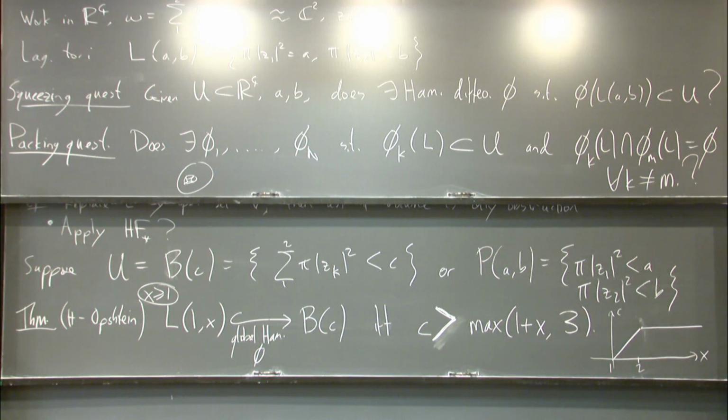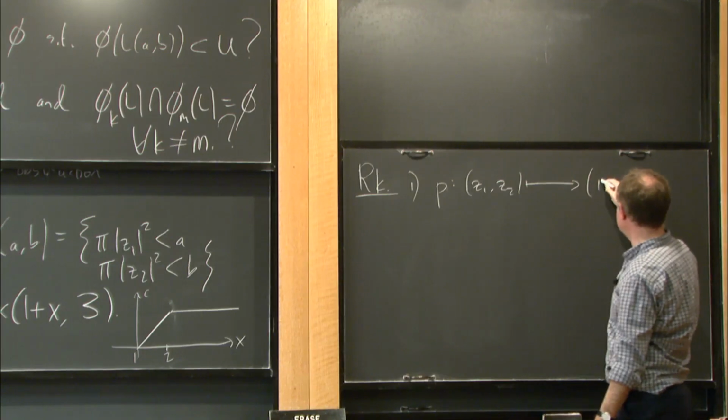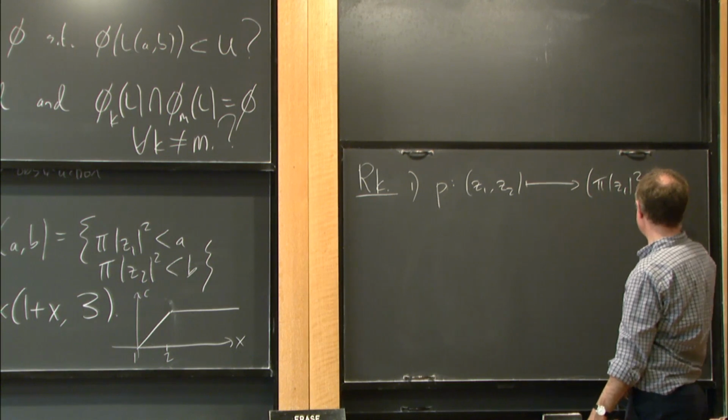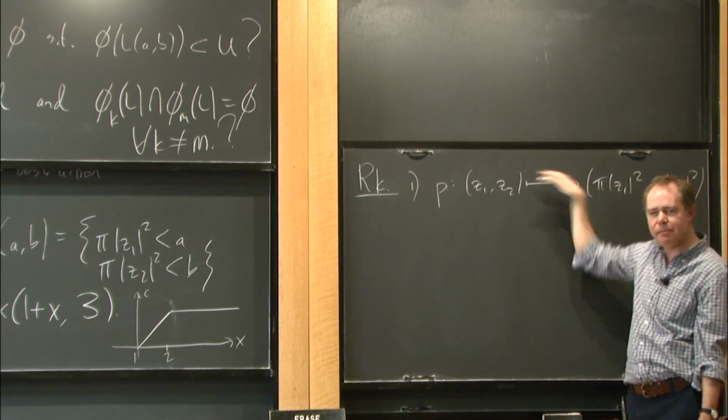Right, so sorry about that. So some remarks about this. Since everything is toric here, it's interesting just to project onto the absolute value of z1, absolute value of z2. So we have this moment map, z1, z2. Apply z1 squared. And you can just describe domains by their image.